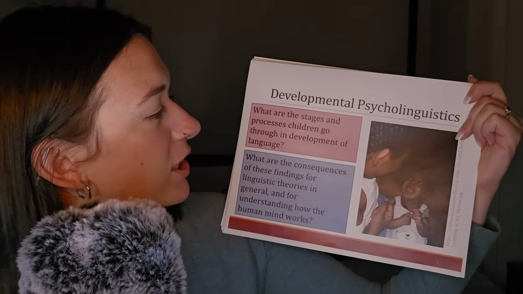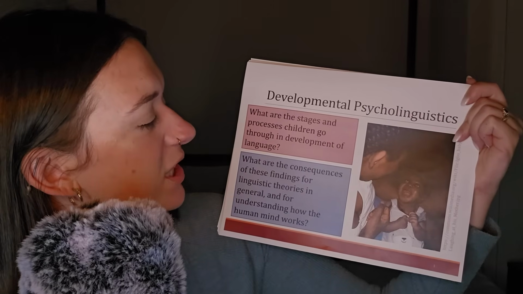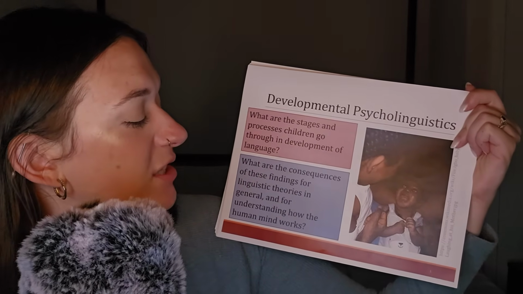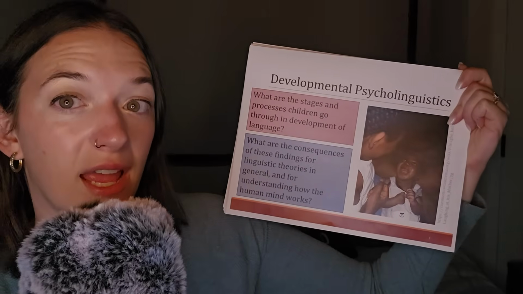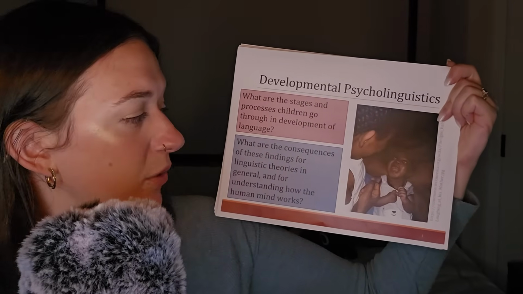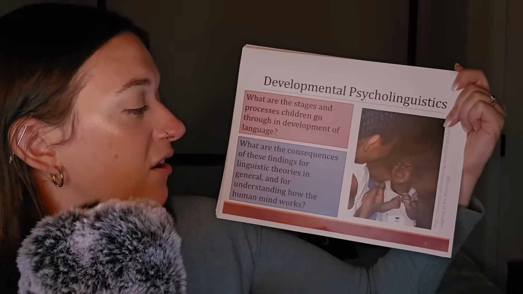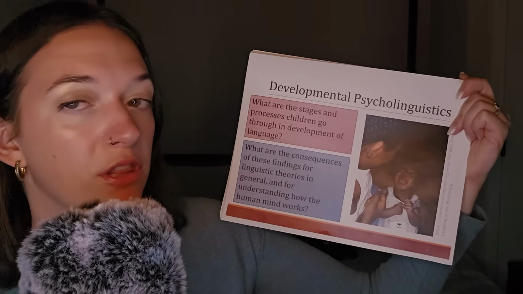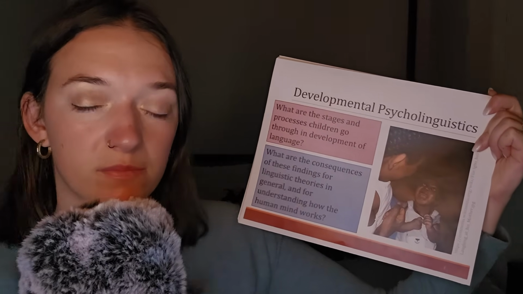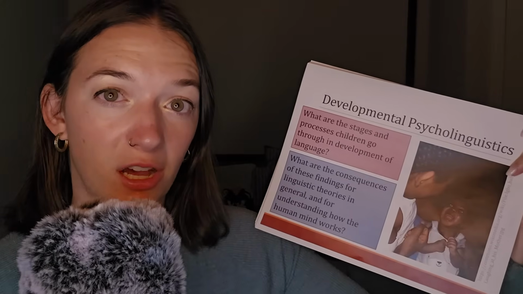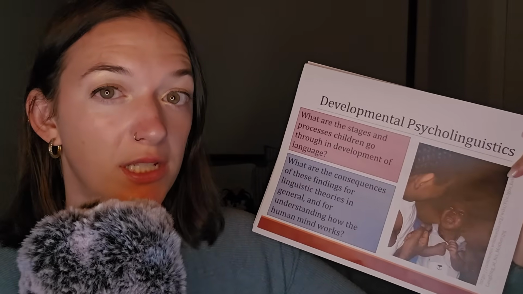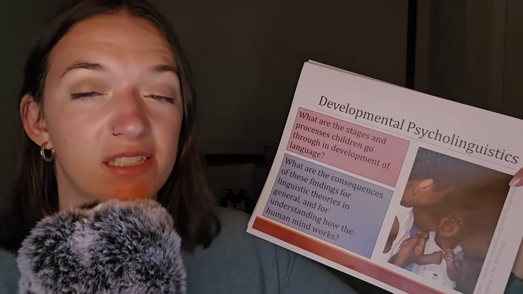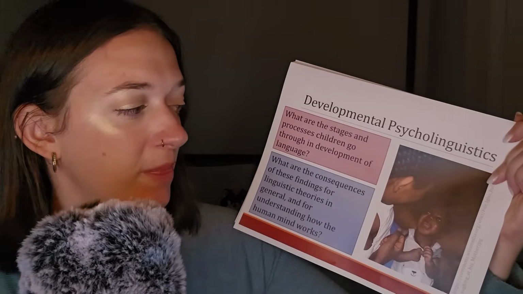Some big questions are: what are the stages and processes that children go through in development of language? And what are the consequences of these findings for linguistic theories in general and for understanding how the human mind works? So we can learn a lot about the nature of language by studying how children or babies acquire language.